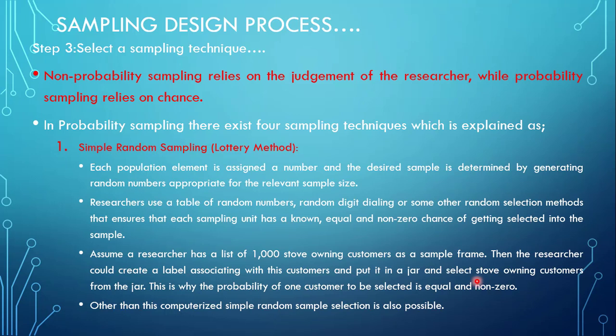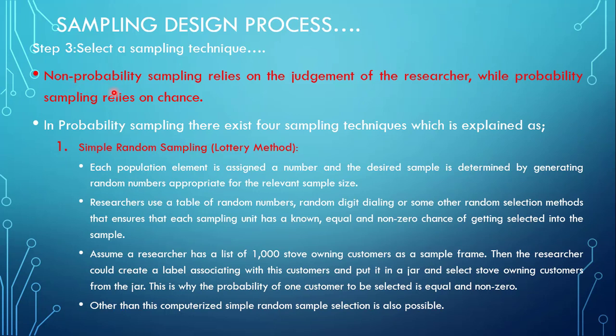So when you say non-probability sampling, these sampling techniques focus and rely on the judgment of the researcher, while the probability sampling relies on chance. Meaning, if you are going to use non-probability sampling, then there is no equal chance of the samples to be included in your study, and there is no equal chance of the samples to be selected.